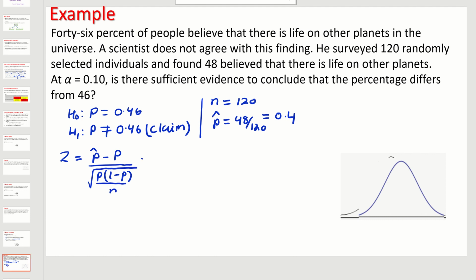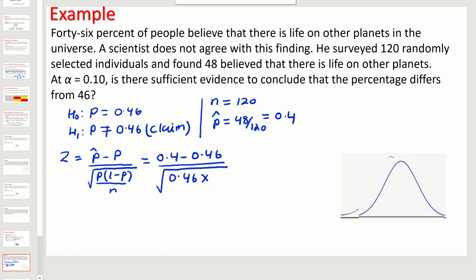That is equal to p hat, we got here 0.4, minus p, which is 0.46, divided by the square root of p, 0.46, times 1 minus p, 1 minus 0.46, which is equal to 0.54, divided by n, which is 120, the sample size.